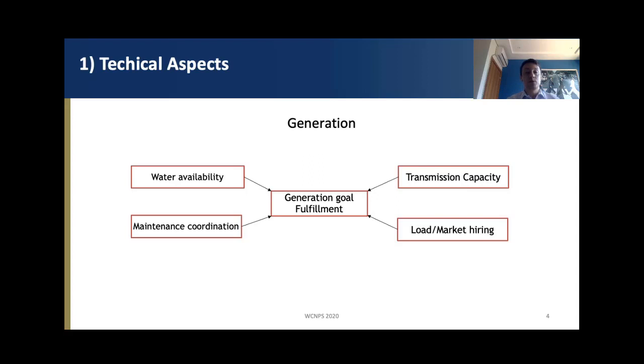There is a process of coordination of maintenance, which tries to put the equipment in maintenance when there is no water available. There is a team and a process to determine the transmission capacity, which involves simulations and the solving of several dynamical phenomena, and also a team that tries to coordinate our generation with the load of the load center.